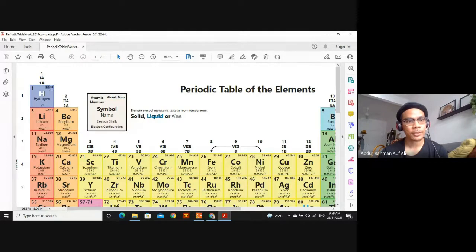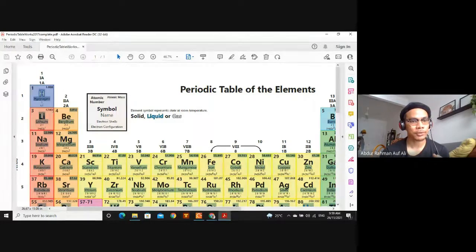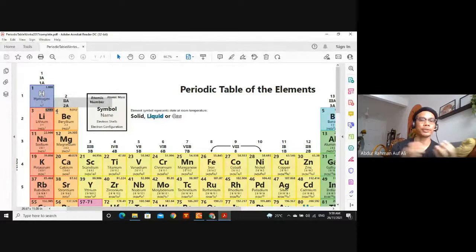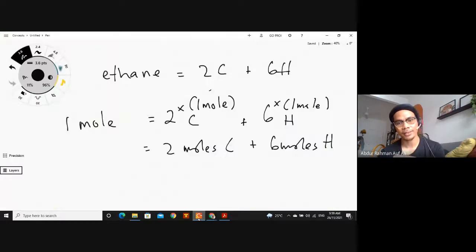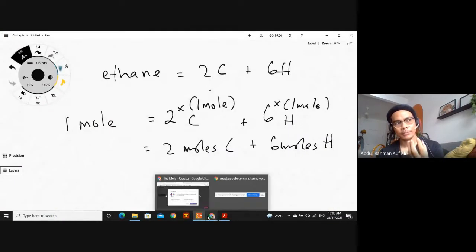Berat hydrogen 1.008 gram per mole. Berat lithium 6.941 gram per mole. Semuanya adalah based on 1 mole. Okay, so that's why kamu kena mahir dan fasih dalam memahami the meaning of mole.